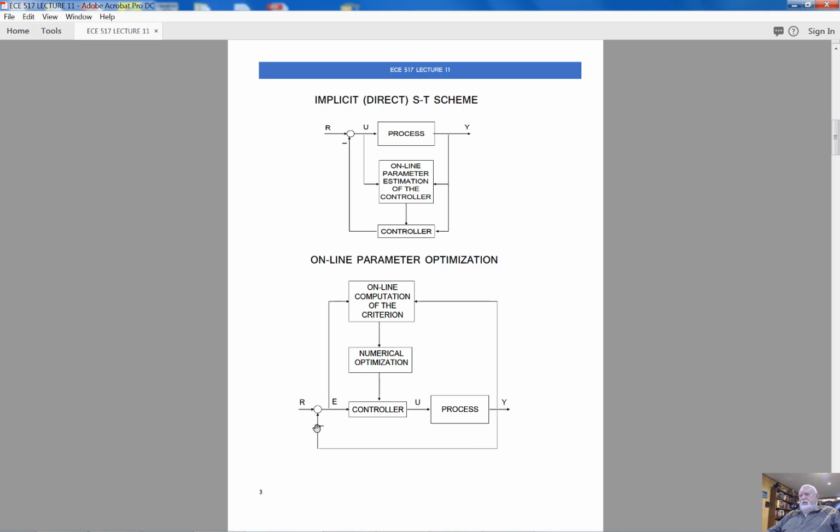But as the system operates, we should be able to observe the error and the output, and if necessary the control law, the reference signal, and what we're getting out of it is some kind of criterion of the goodness of the operation of this control system.